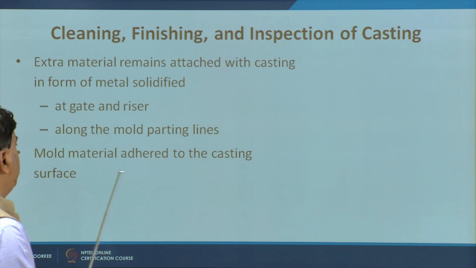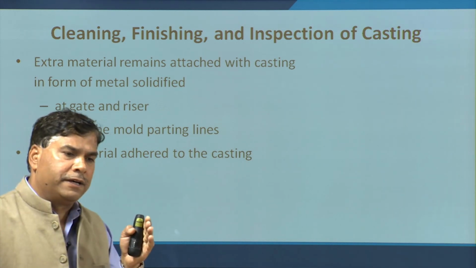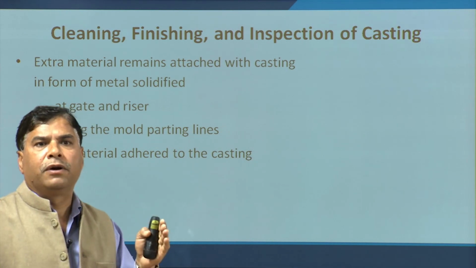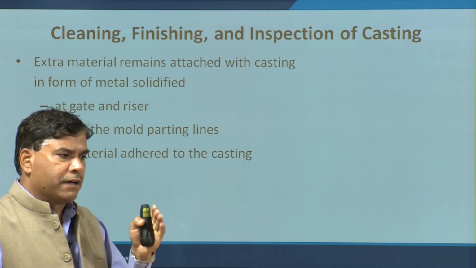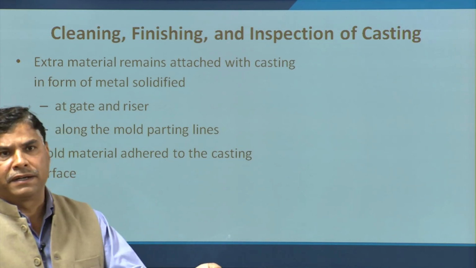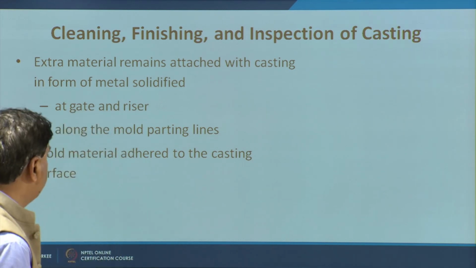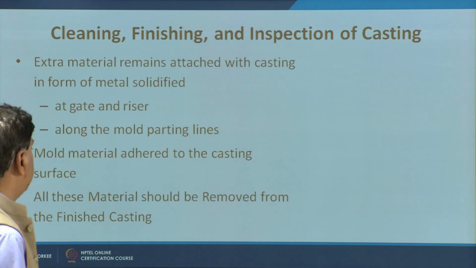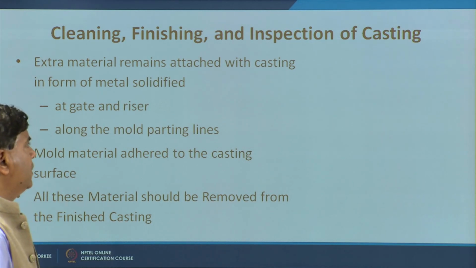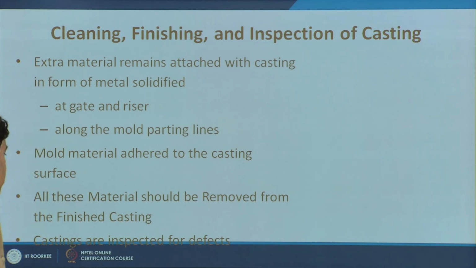There is also mold material adhered to the casting surface. If the mold surface, like a sand mold, fuses with the molten metal due to poor refractoriness, then that material also remains attached with the casting, and that must be removed and taken care of. So, all these materials should be removed from the finished casting, so that the desired final casting can be achieved.